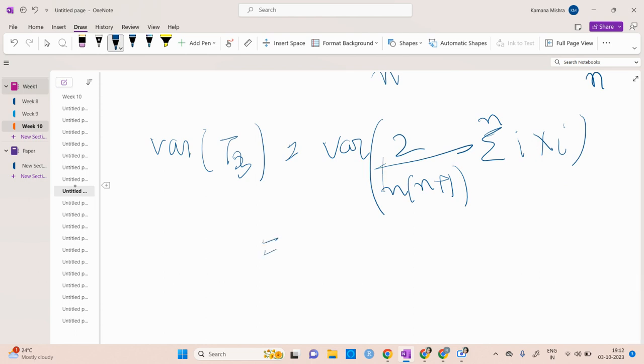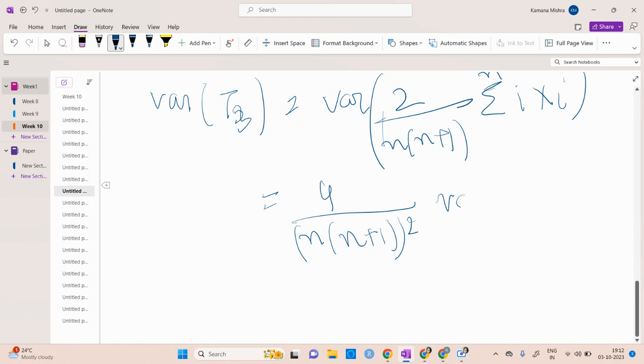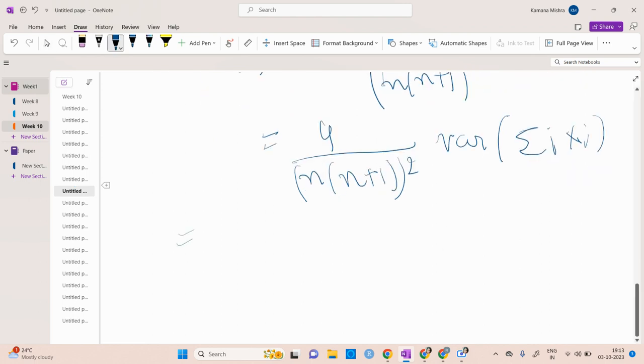So firstly, this will come out as 4 upon n square (n plus 1) whole square, right? So variance of summation i xi. Now variance of summation i xi means what?